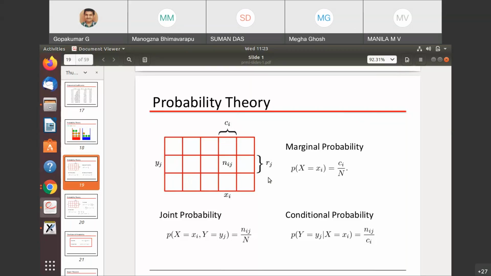And if you look at the cell value written as ni comma j, that represents how many times x takes xi and y takes the value yj. That is the count, the frequency, of the different scenarios or trials, as we call them in probability theory, or the number of instances out of which x takes xi and y takes yj.